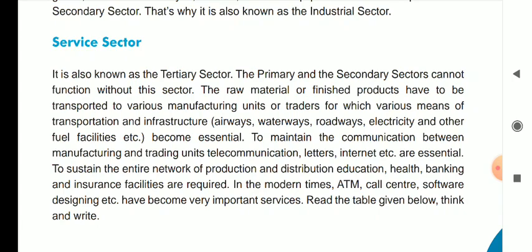To sustain the entire network of production and distribution, education, health, banking, and insurance facilities are required. In modern times, ATM, call center, software, designing, etc. have become very important services.